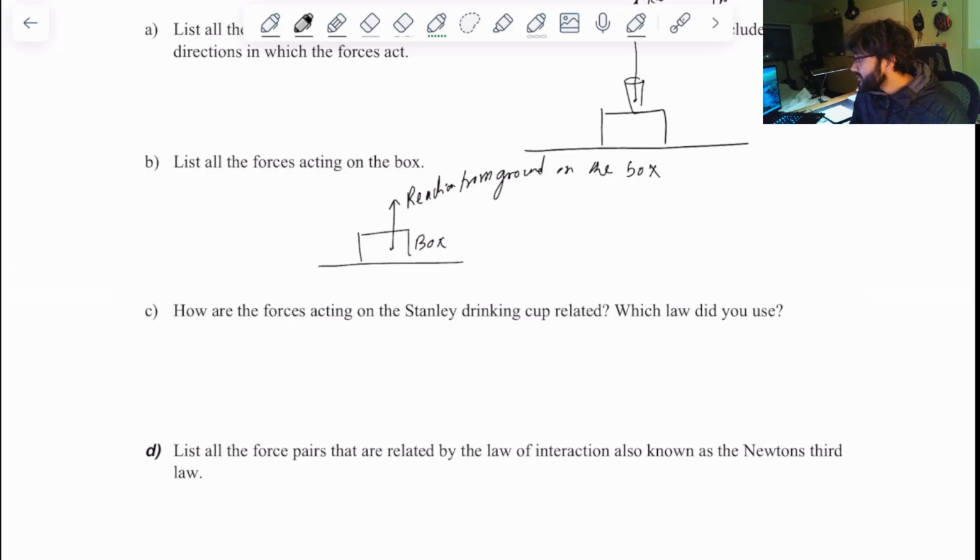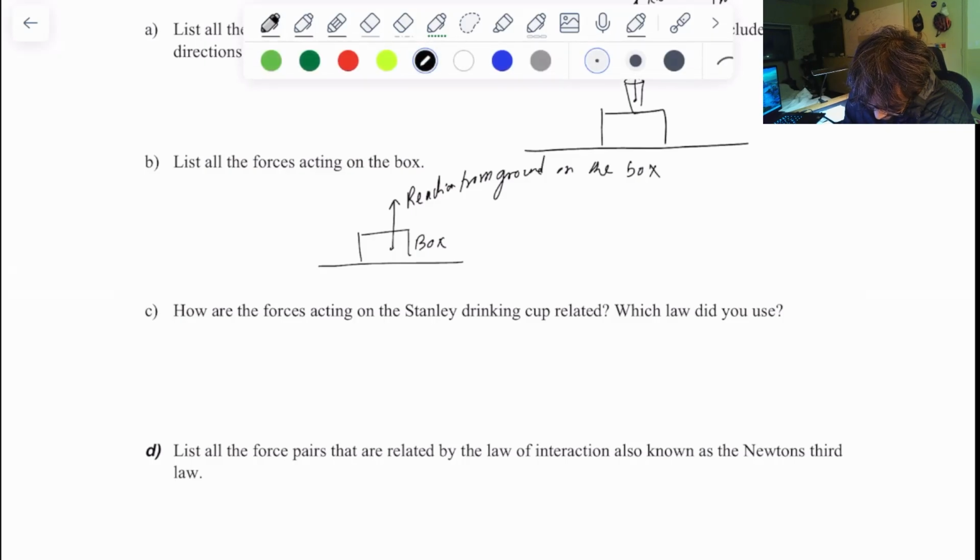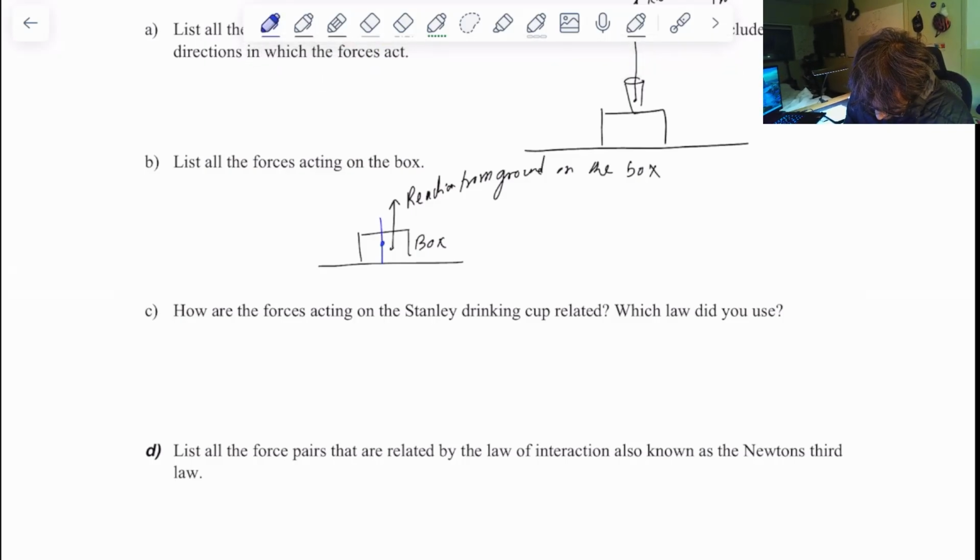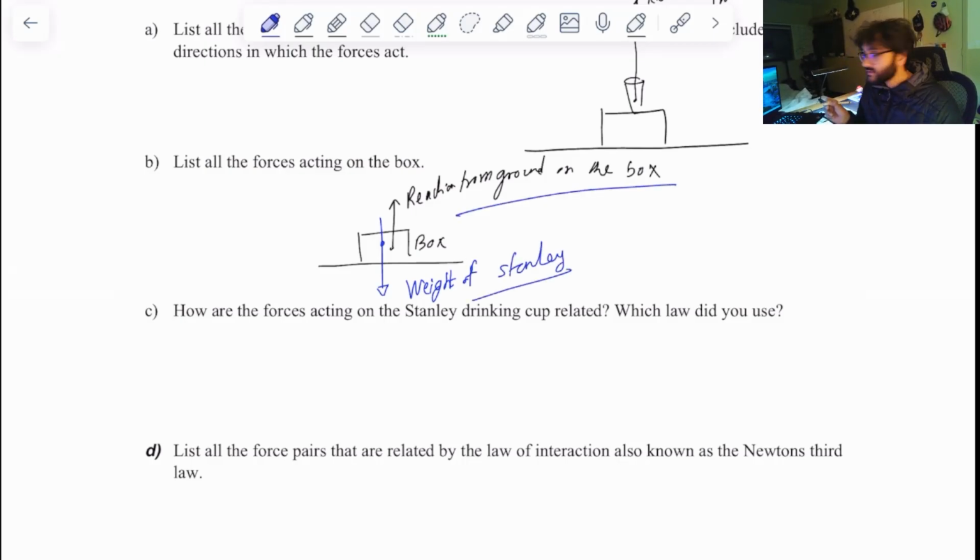The second thing you feel, from the top, is the weight exerted by the Stanley Cup on you. So let's say that weight is like that, the weight of the Stanley cup. These are the two forces you experience if you're the box.